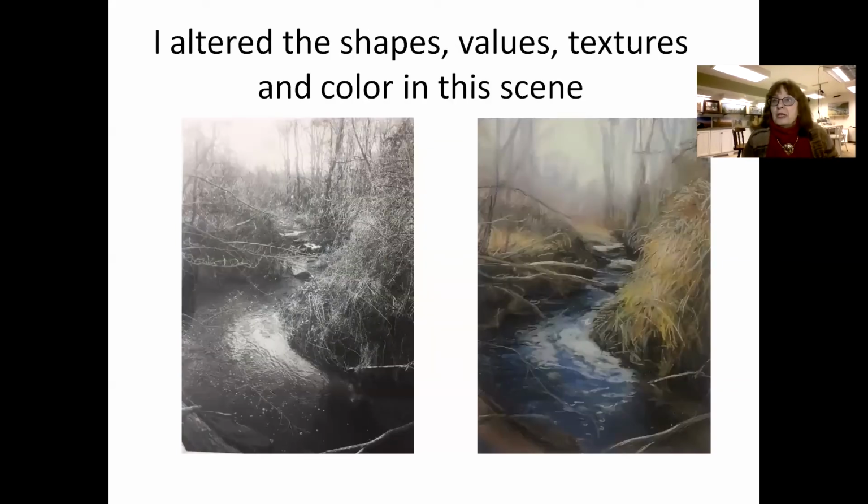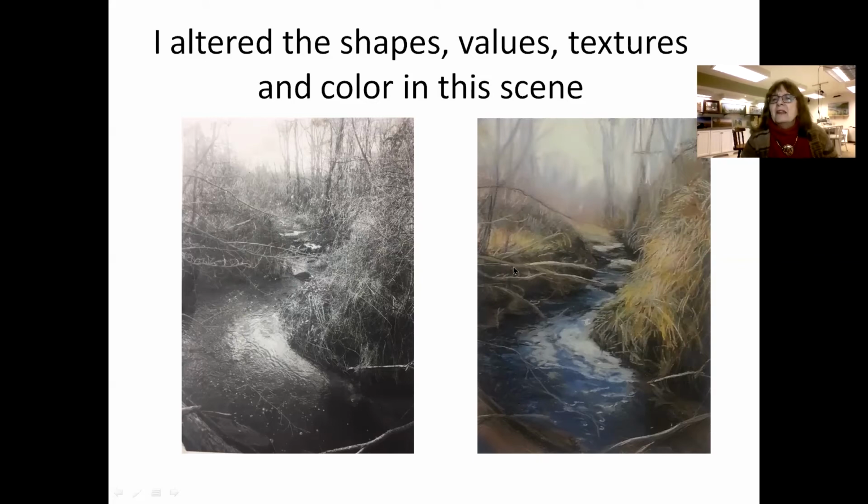I altered the shapes, values, and textures and the color in this scene when I did this painting from this photograph. Oh yes, you can see it, but you can see I changed the texture, I simplified it, I dropped this down a little lower, I articulated the shapes back here, I made these shapes a little stronger so they would carry your eye through the painting.